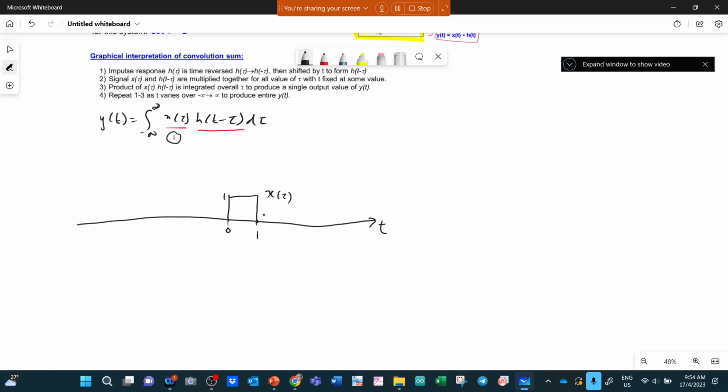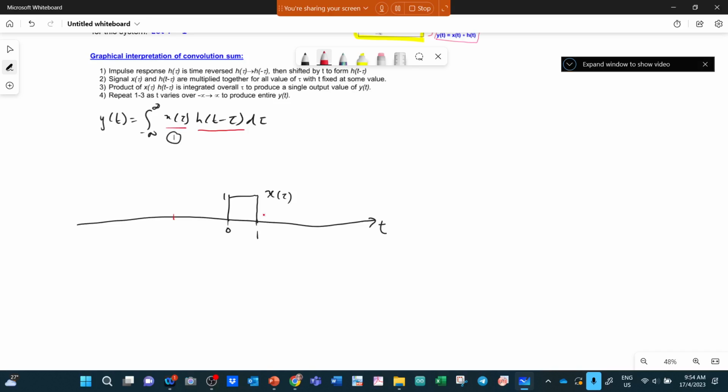So start with drawing x(t) first. Originally we have h(t) is p(t), equal to x(t) also, right?